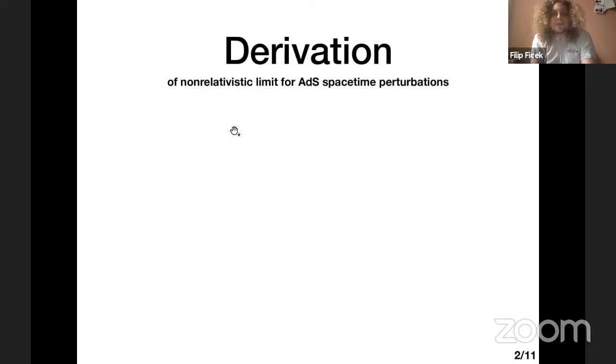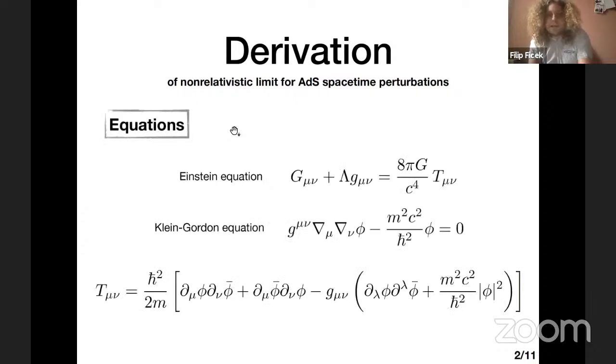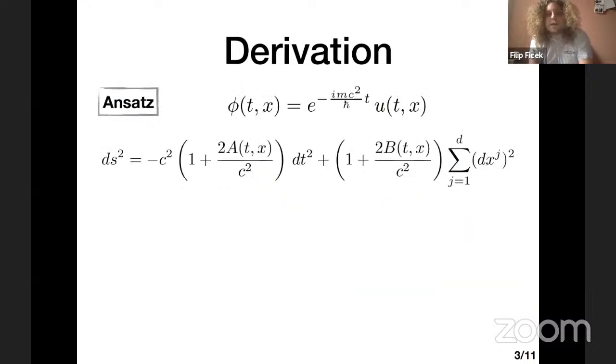So to better understand this difficult problem, we decided to tackle a simpler version of it, which is the non-relativistic limit of perturbations of anti-de Sitter spacetime. The idea is pretty simple. We take Einstein equations with a negative cosmological constant, and we put some scalar field onto this spacetime. We write down the equations, and then we assume that the scalar field is weak, so we can put some ansatzes.